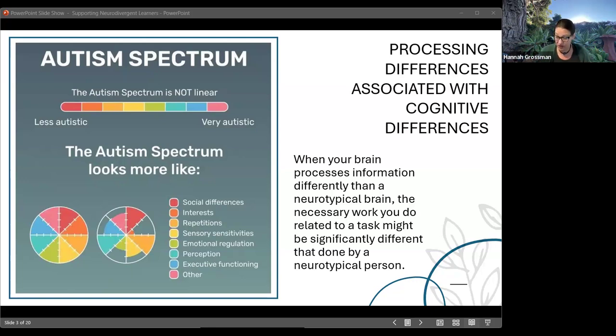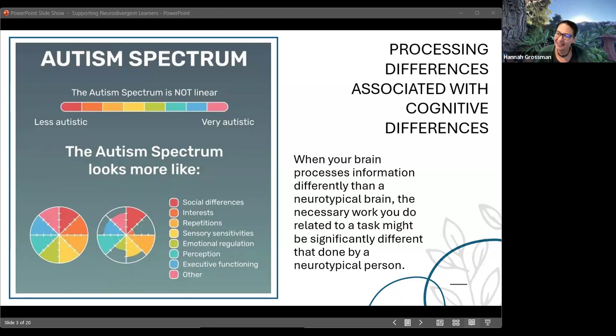So when you're working on that problem, you're going to have less attention, less resources going to it, because your sensory sensitivities will eat up that processing energy. And so the way a neurodivergent person processes information will use resources differently and be done in a significantly different way than a neurotypical person.